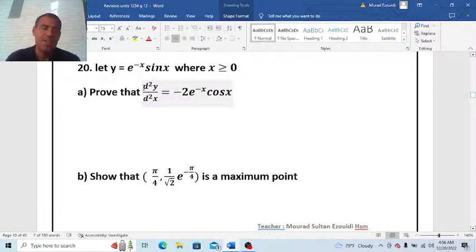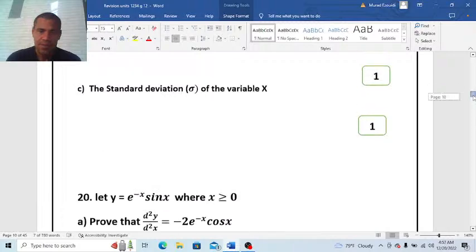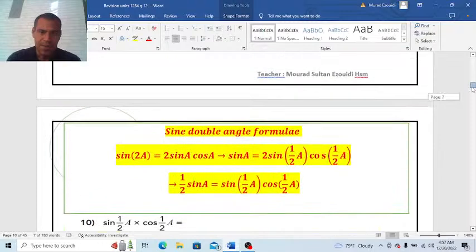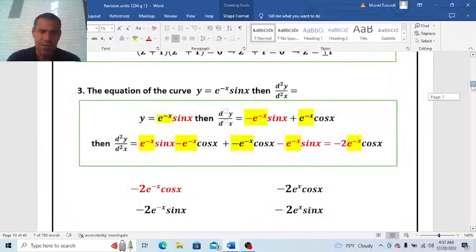Prove that the second derivative of y is negative 2 exponential of x. So this one we did before, my learners. We proved that the second derivative of the function is minus 2.